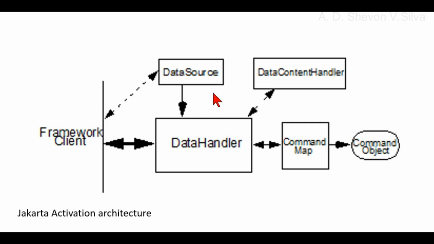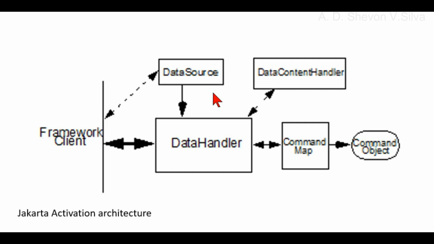Jakarta Activation defines the command map interface, which provides a flexible and extensible framework for the command map. The command map interface allows developers to develop their own solutions for discovering which commands are available on the system. A possible implementation can access the type registry on the platform, or use a server-based solution.